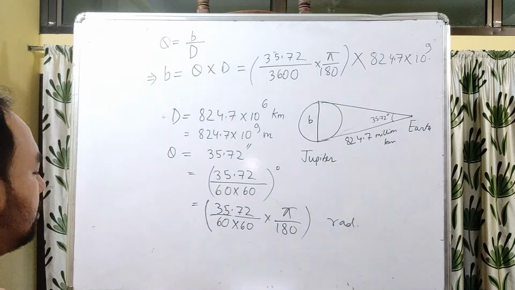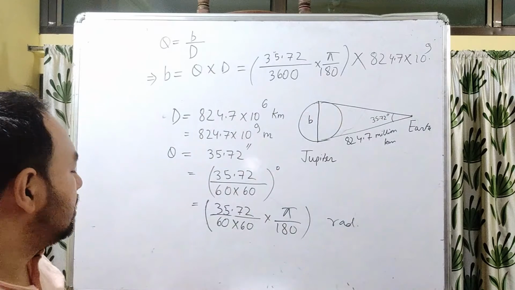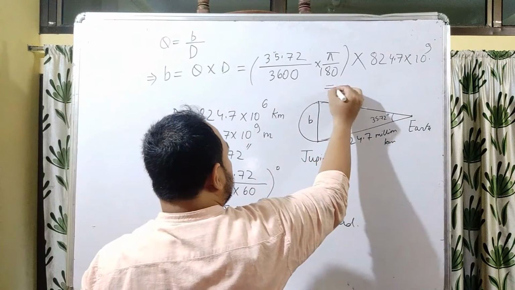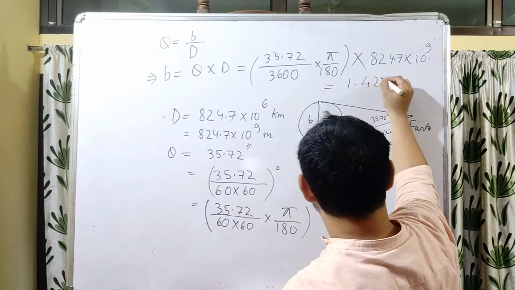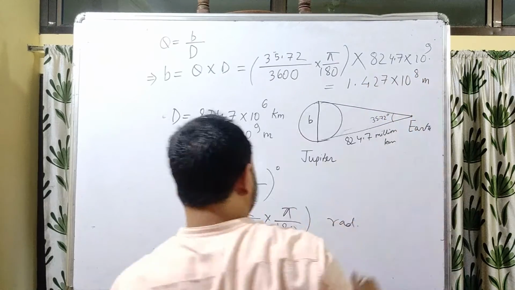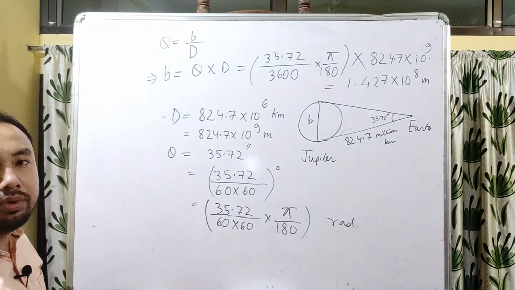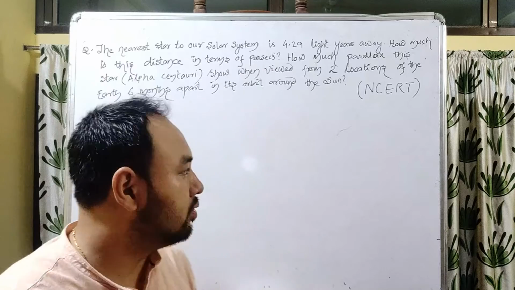Okay, so using this value, if we calculate this, then the answer will come to be around 1.427 into 10 to the power 8 meter. So now we will move on to the next question.